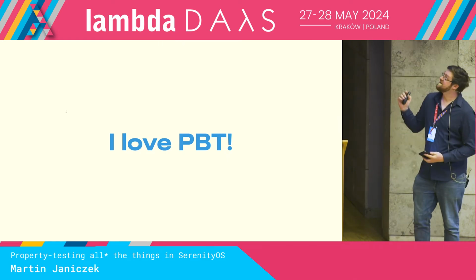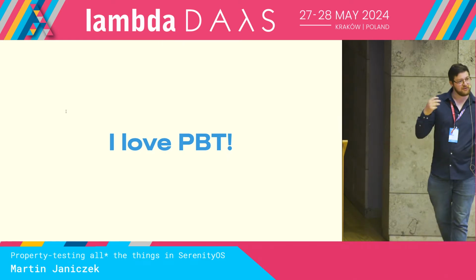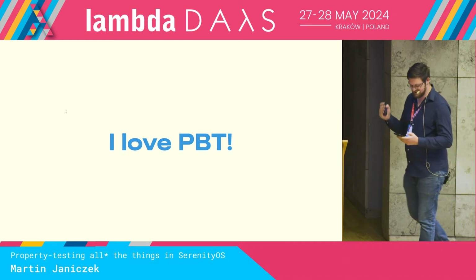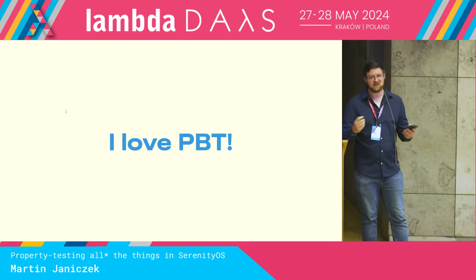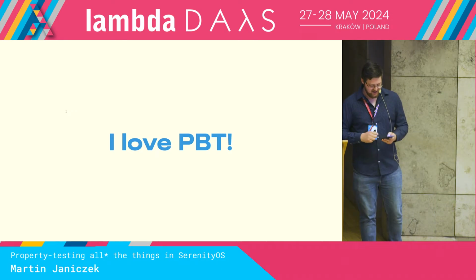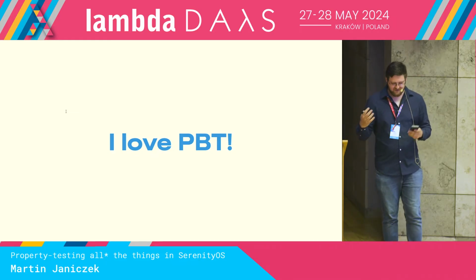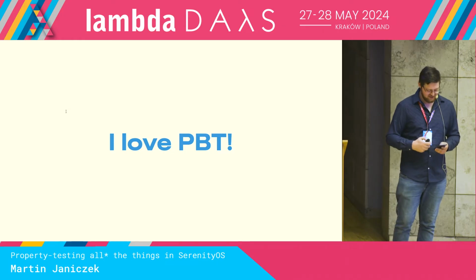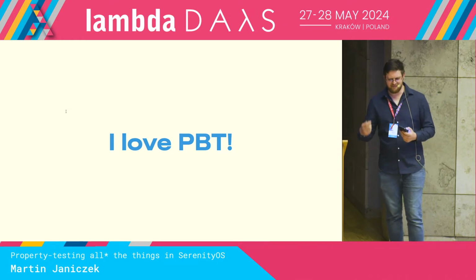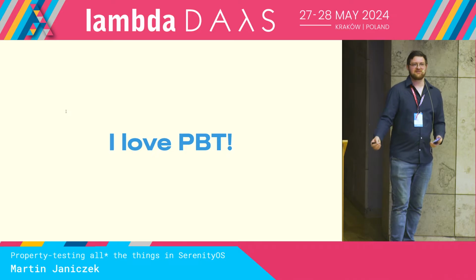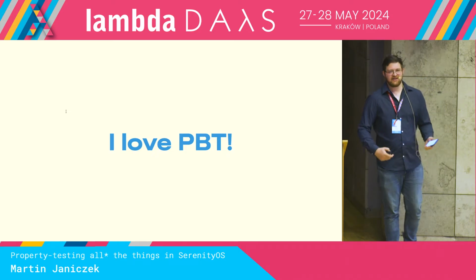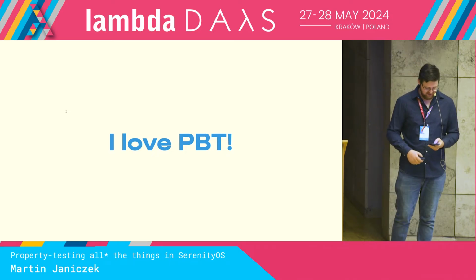So, having described PBT to you a little bit, let's get back to the story. I fell in love with property-based testing. I fell in love with the computer finding tricky edge cases for me, seeing some kind of empirical evidence that it doesn't break at anything slightly unexpected.